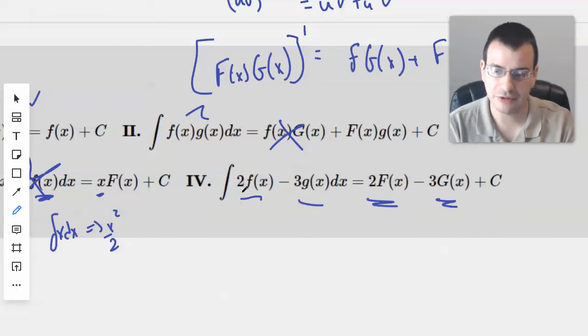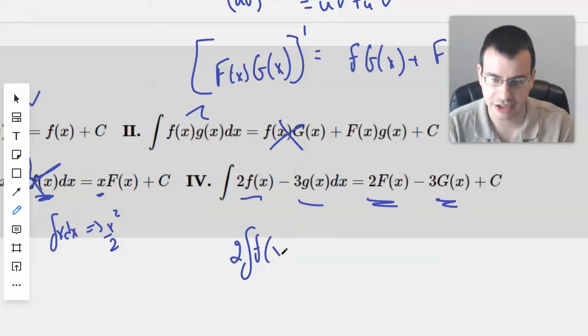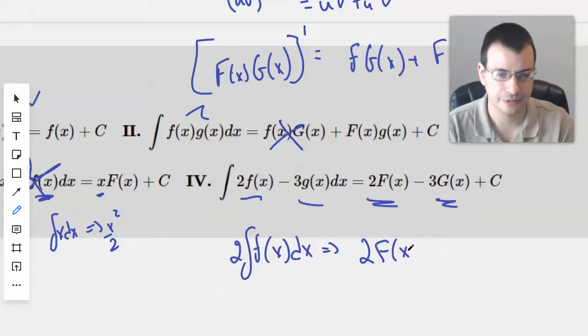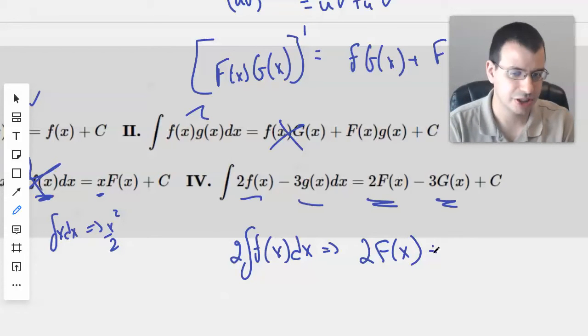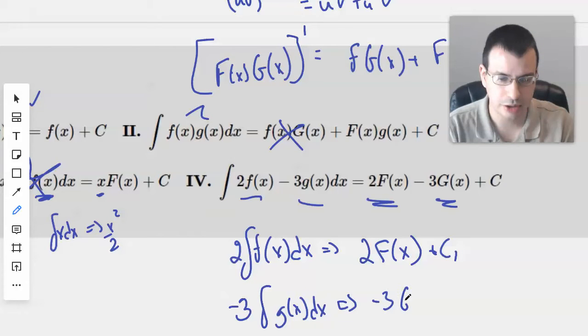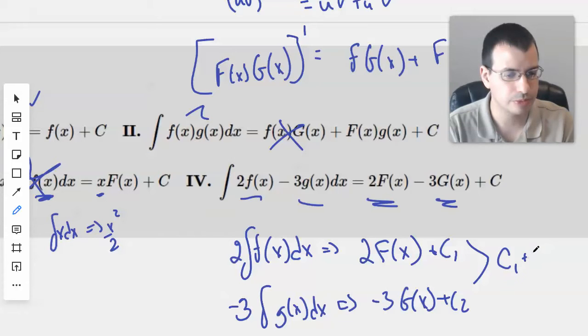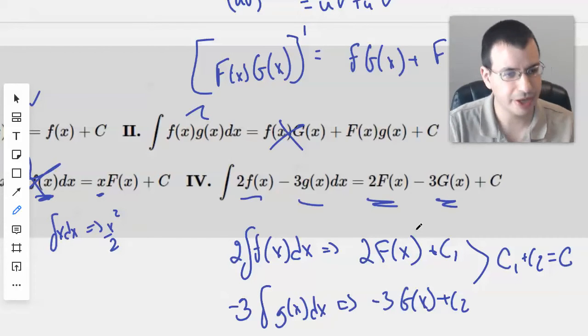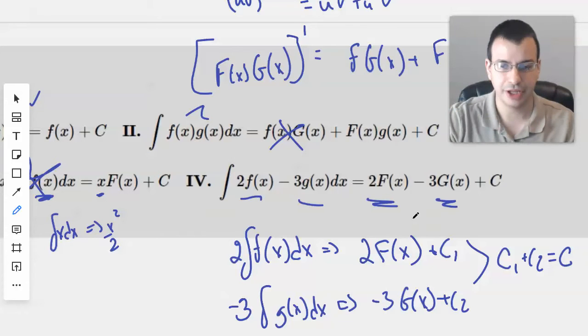But if you have integrals and they're separated, this would be 2 times the integral of f of x dx, which would go to 2 f of x plus c1, and then you'd have 3 g of x dx would go to negative 3 big G of x plus c2, and then you could say c1 plus c2 equals big C. And that's kind of what they did. So they combined the constants and then just separated the integrals.